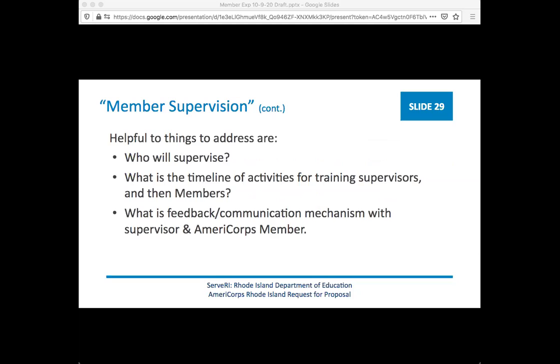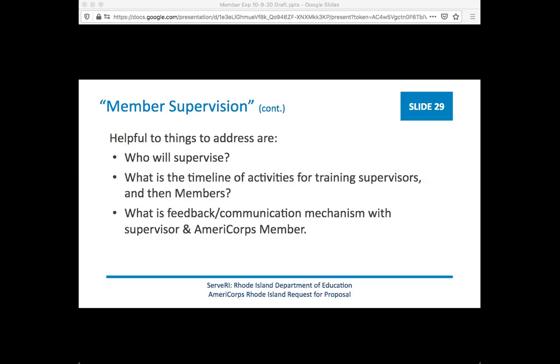Is there one key person in your program who's going to supervise everybody? Are they in smaller sub-teams? What is the timeline of activities for training the supervisors and then the members? And what's the feedback communication mechanism between supervisor and AmeriCorps member?